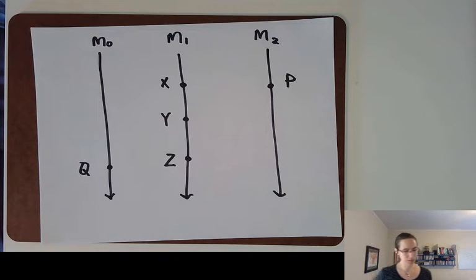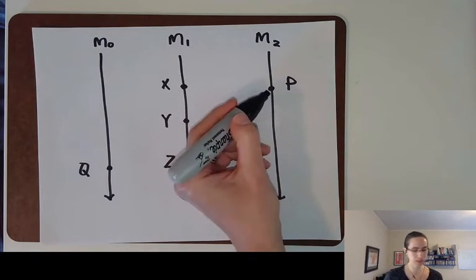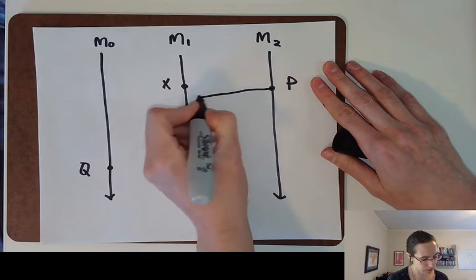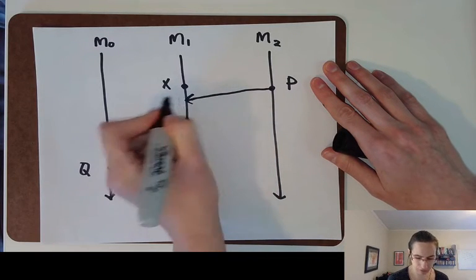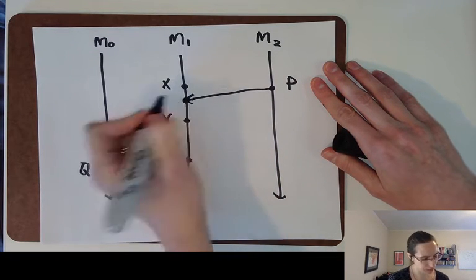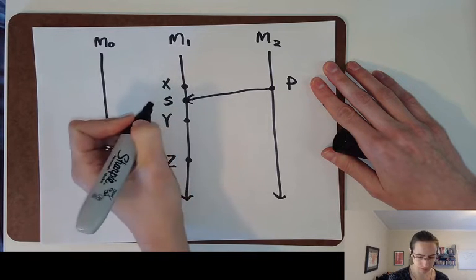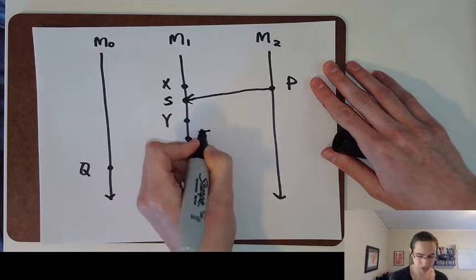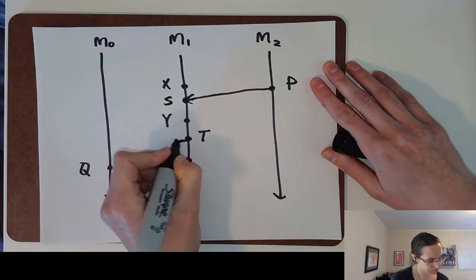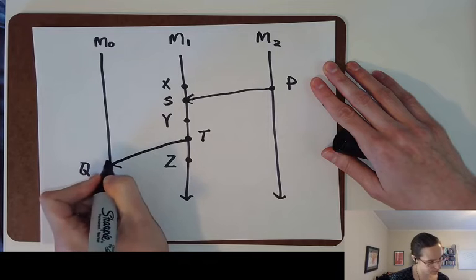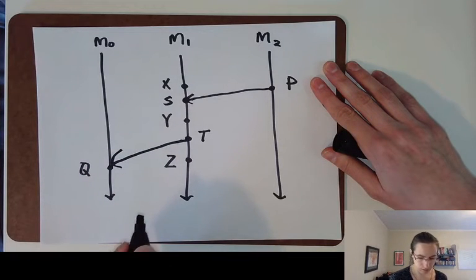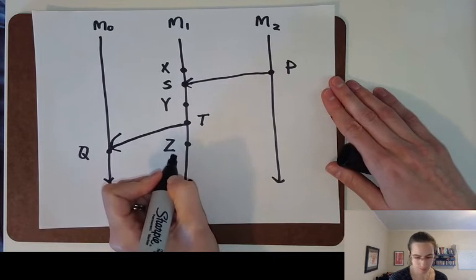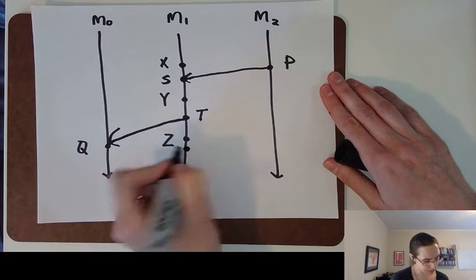Let's say this event here, P, is a message send, and we have an event over here that's a message receive. And let's say we have another send and receive here, and maybe another one.